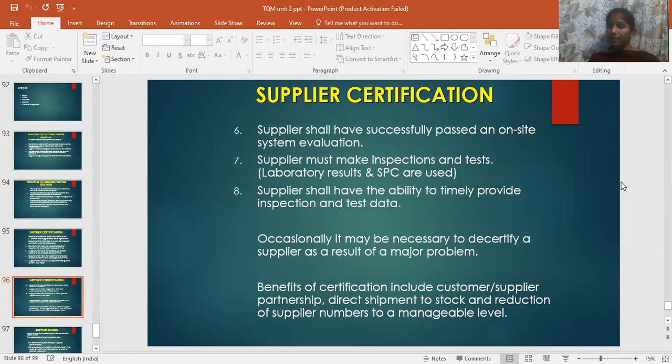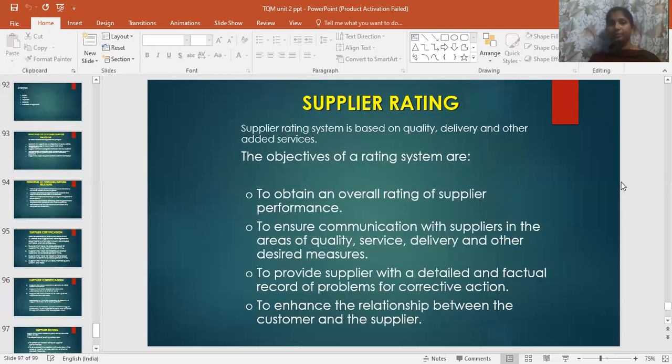Occasionally it may be necessary to decertify a supplier as a result of a major problem. The benefits of certification include customer-supplier partnership, direct shipment to stock, and reduction of supplier numbers to a manageable level.